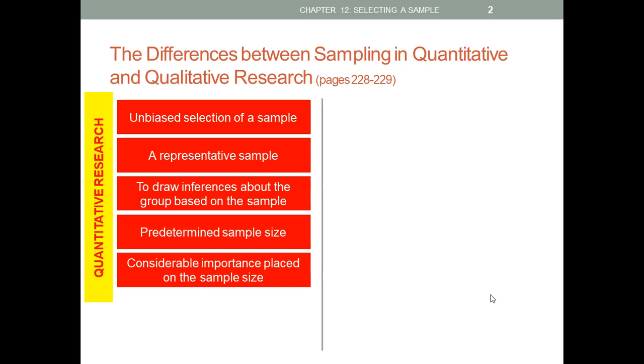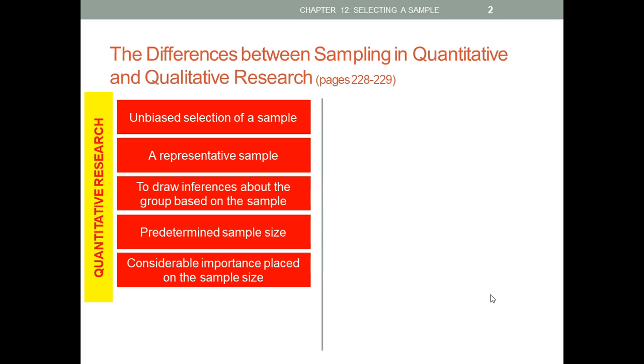Also, sample size is a hugely important consideration for a quantitative researcher. Since the researcher wants to generalize the results from a smaller group to the bigger group, or the population, she wants to survey as many people as possible, because a bigger sample size can better represent the population.